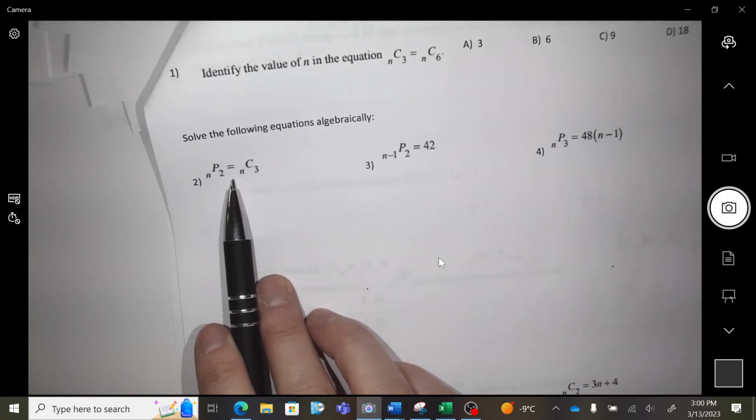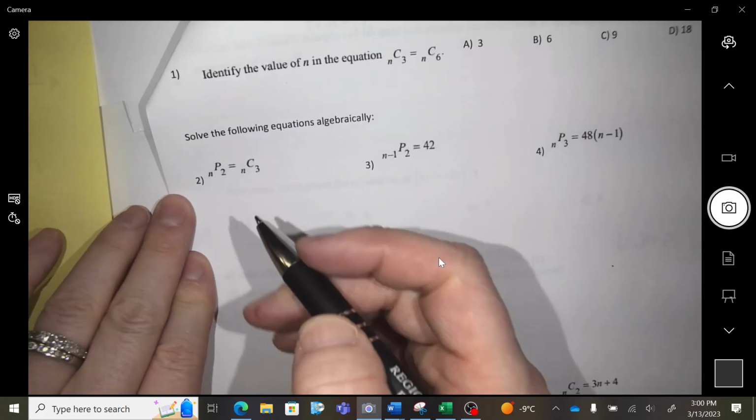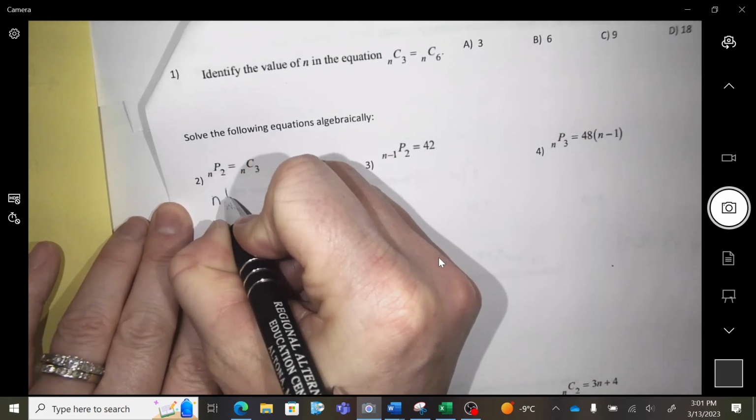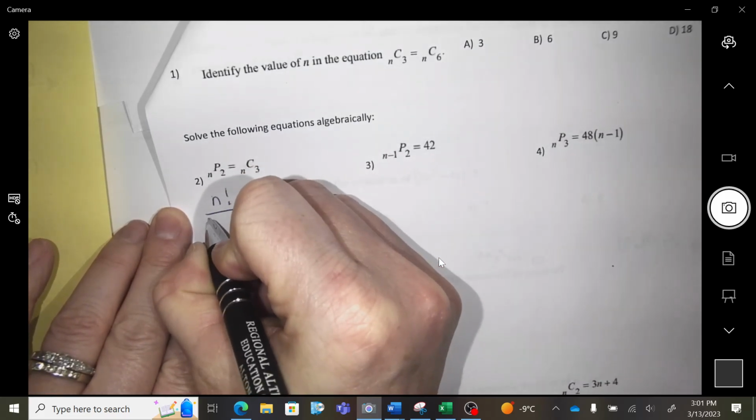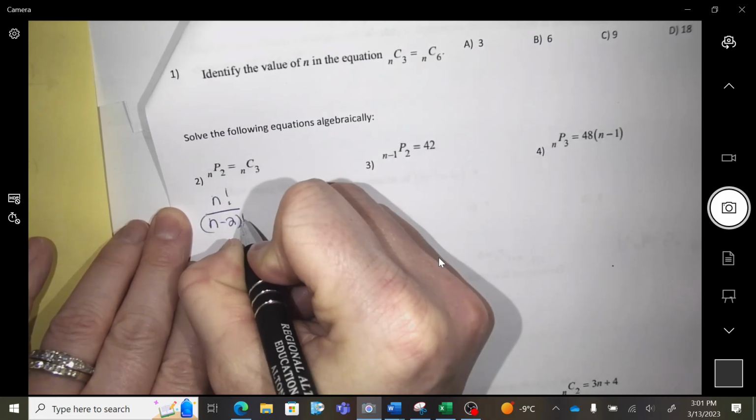nP2. Does everybody have their formula sheet? nP2 is n factorial over n minus 2 factorial.